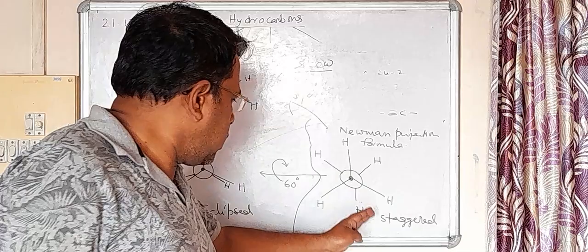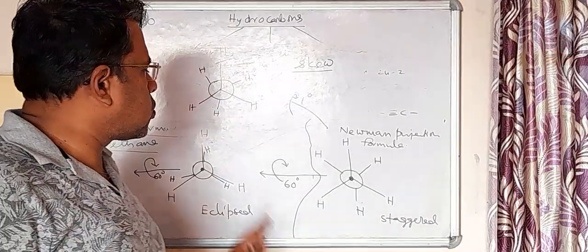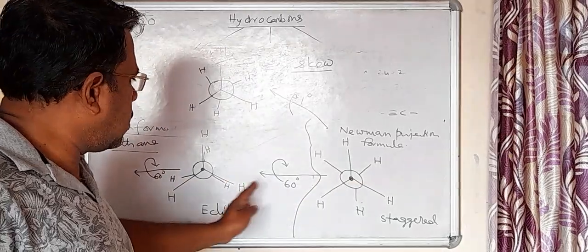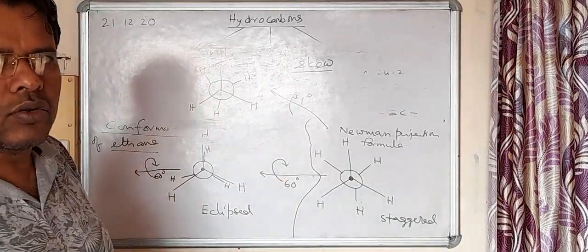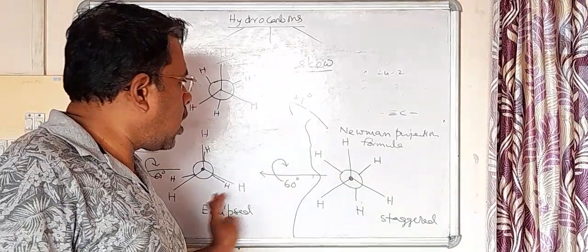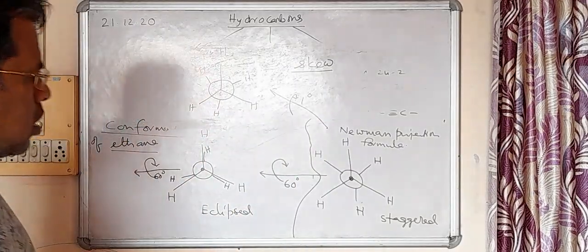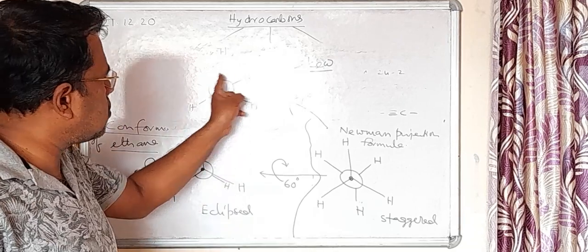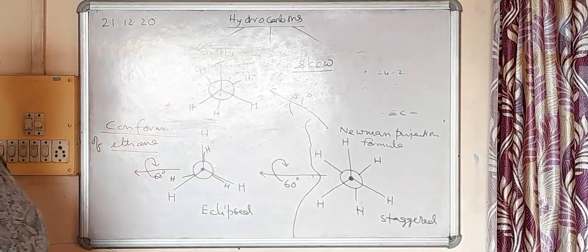So this is staggered, this is eclipsed, and these are skewed. Why have I taken 60 degrees? To explain to you that these two are the extreme conformations, and all conformations between these extremes are called skew conformations.